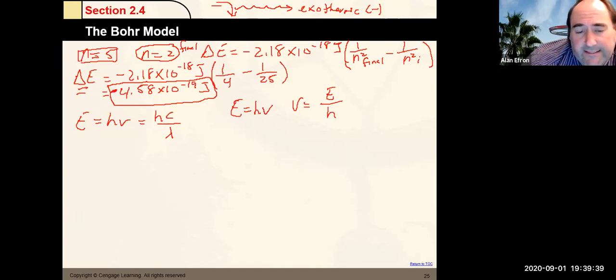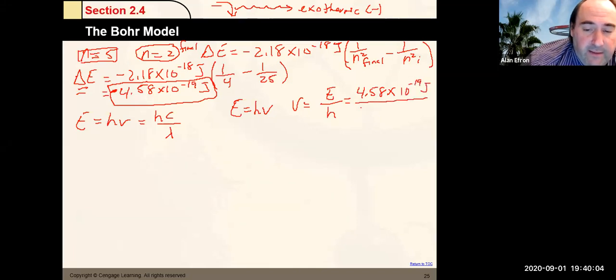Our energy is negative, and you should leave it as a negative number for the energy value. But when we continue on to use it here to calculate something like frequency or wavelength, we want to get rid of the negative so we do not get a negative value. So we're just going to use the positive version here, 4.58 times 10 to the minus 19 joules.